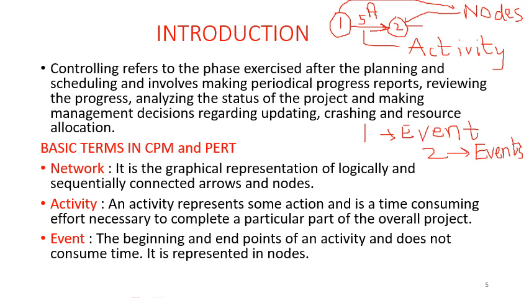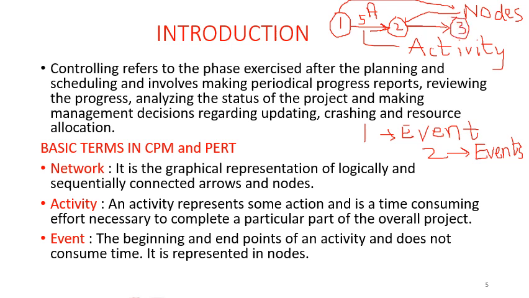Similarly, you can continue the network with activities one after the other. If there is one more activity, say B, after 1 to 2, you can represent it after 2. You can draw another arrow here and indicate 3 here.